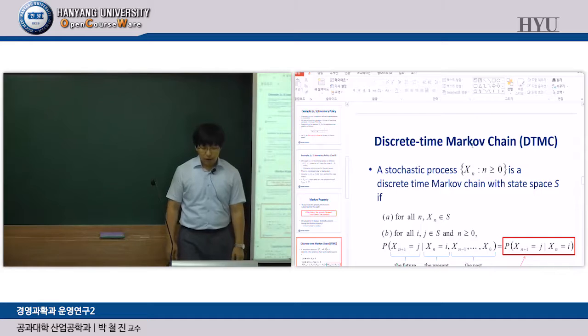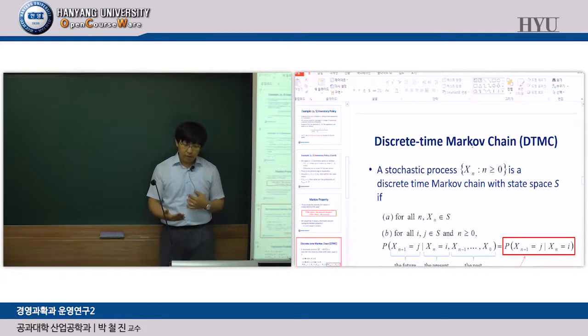We call this the Markov property. When you calculate a conditional probability, given that we know the present state and the past states, we want the probability that the state one time after equals a certain number.